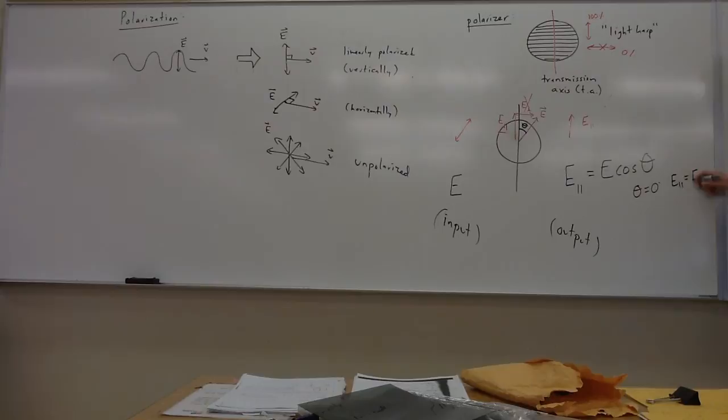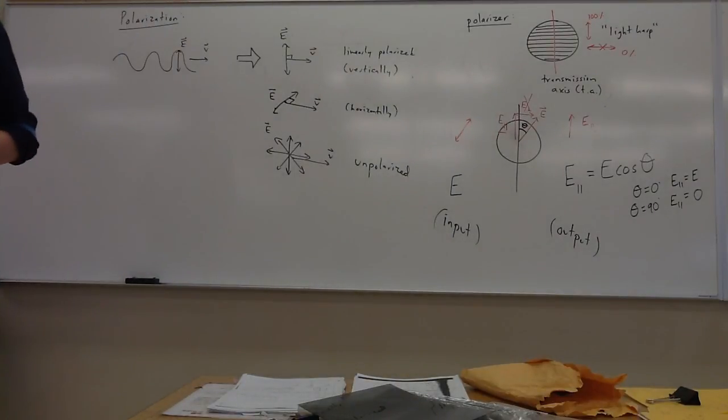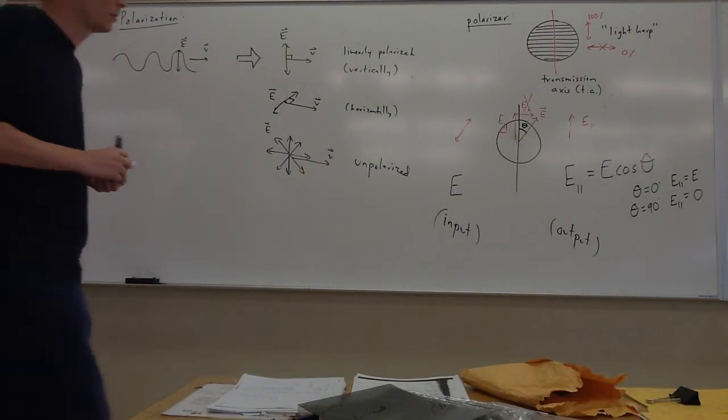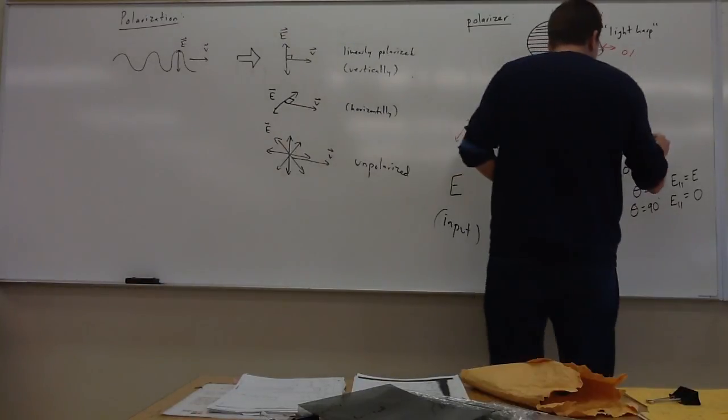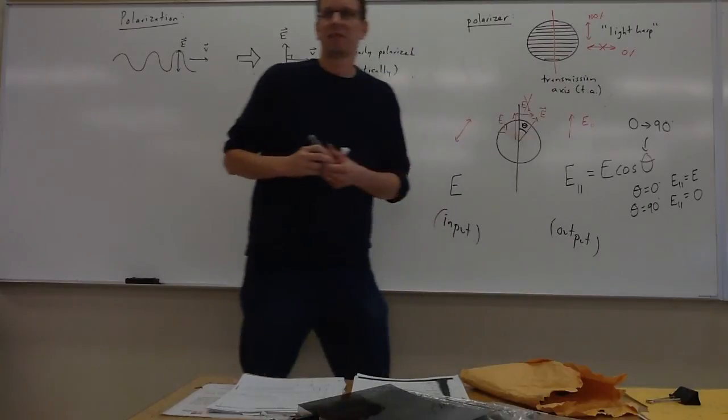E parallel is the whole thing. 100% gets through. Or you can try 90, where E parallel is going to be nothing, right? Cosine of 90 is 0. Or anything in between. The cosine of theta just provides how much is let through. This angle can range from a minimum of 0 to a maximum of 90. Everything else after that is a repeat.